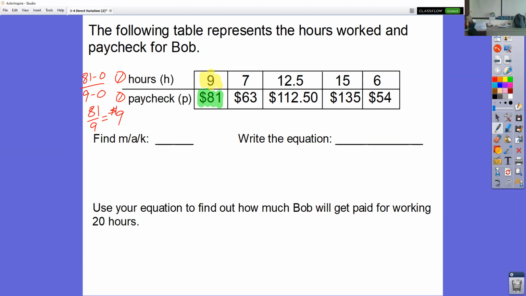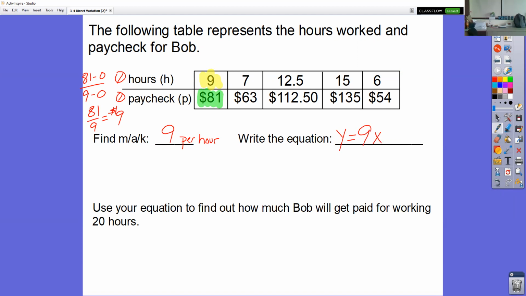So his rate or his slope would be $9 per 1 hour. So that would be our m. So our equation would be y equals 9 times x.